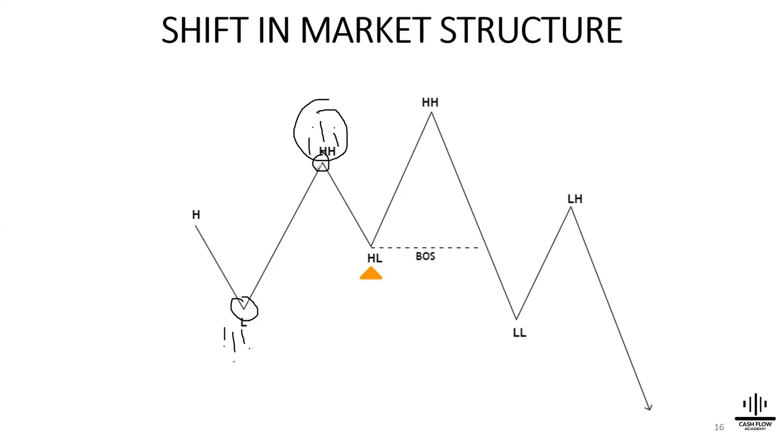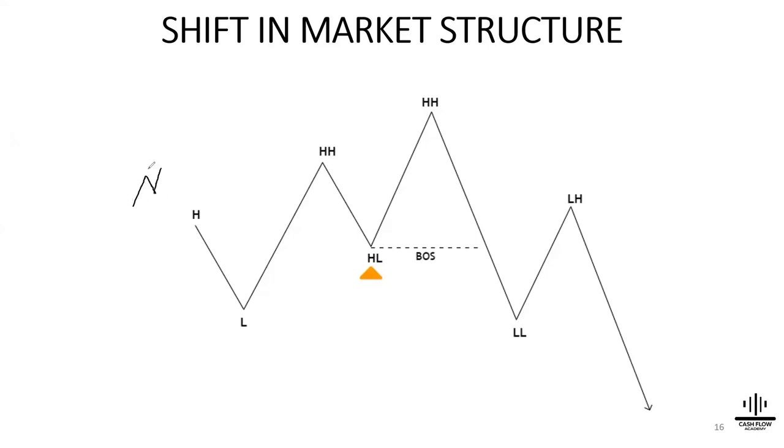So swings form trend. Very simple. But then there is something called shift in market structure, because the market was going bullish, and this market should remain bullish until the low that was previously formed is broken. So now we want to see the market go like this, up, down. This retracement should not break this low.